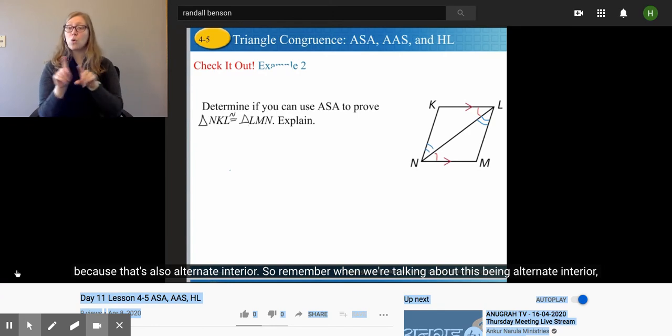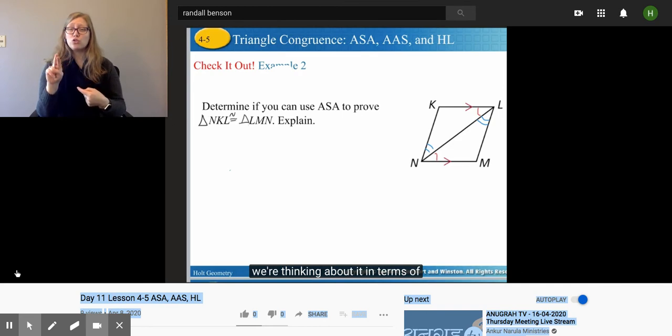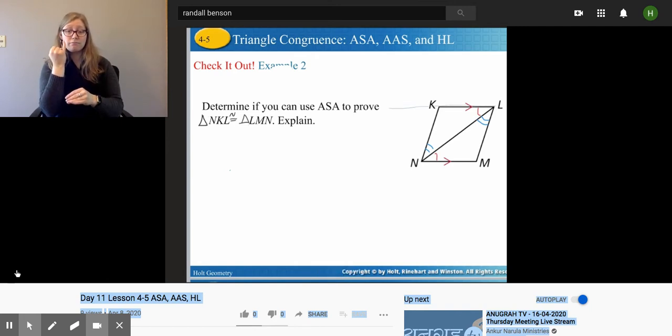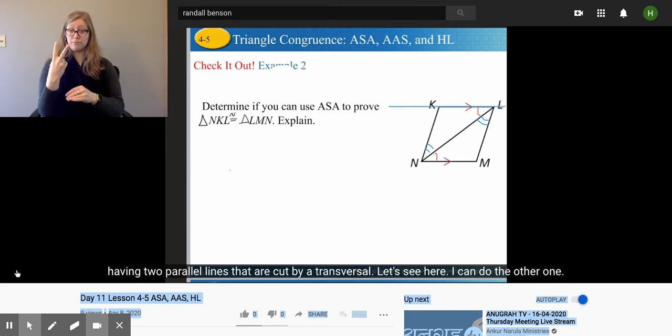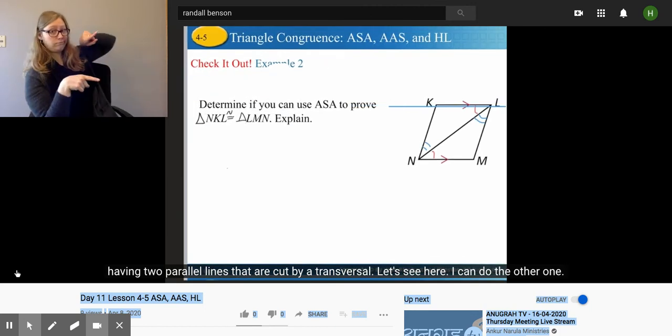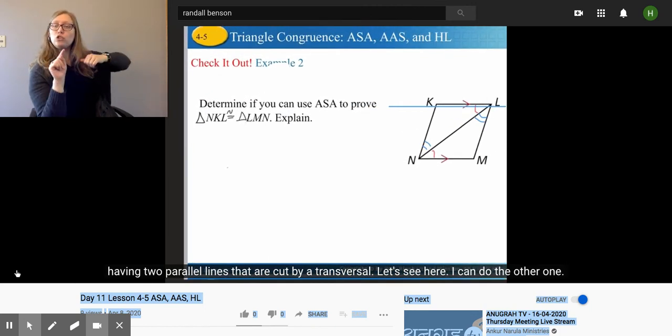So remember, when we're talking about alternate interior angles, we're thinking about two parallel lines that are cut by a transversal. Let's see if I can do the other one.